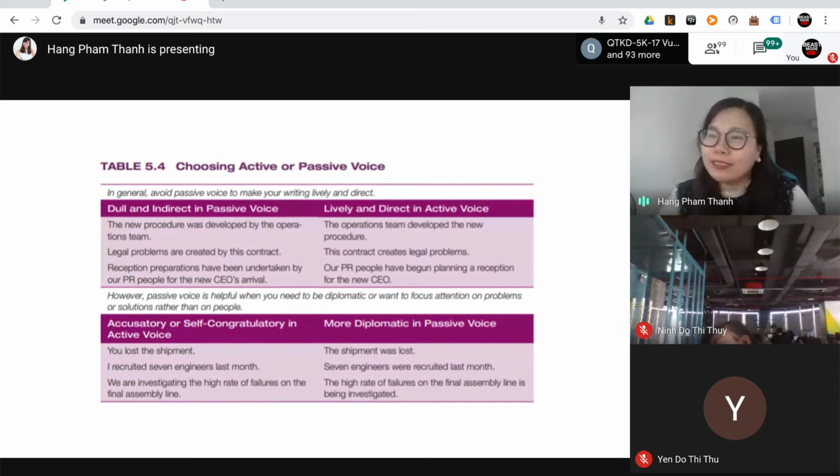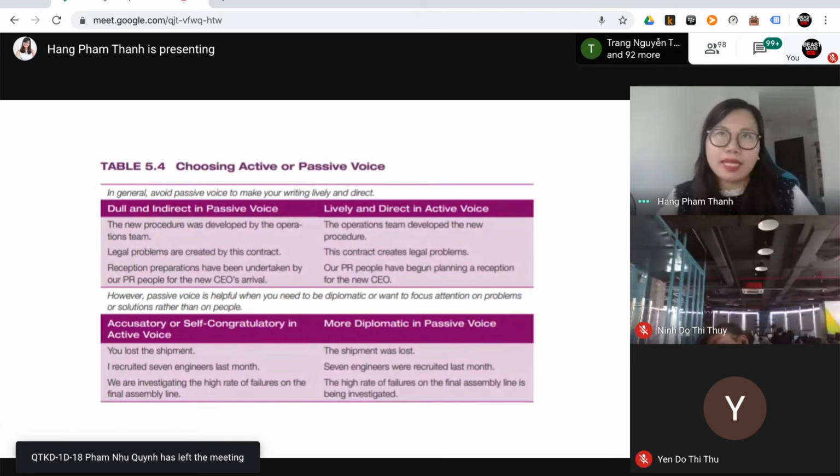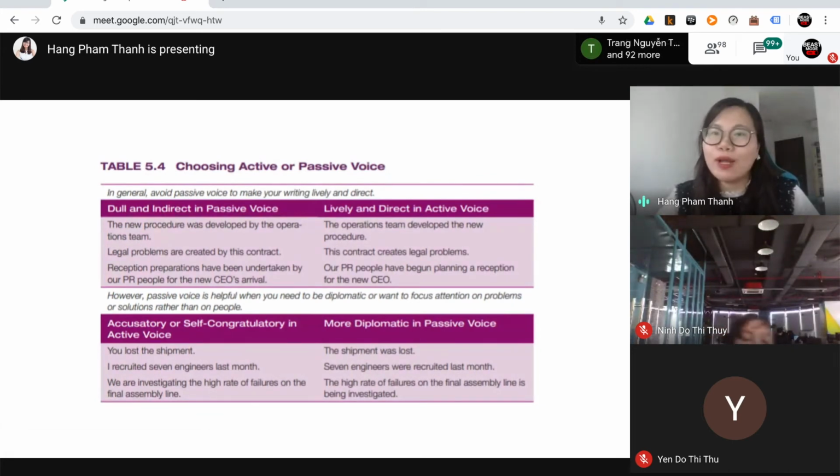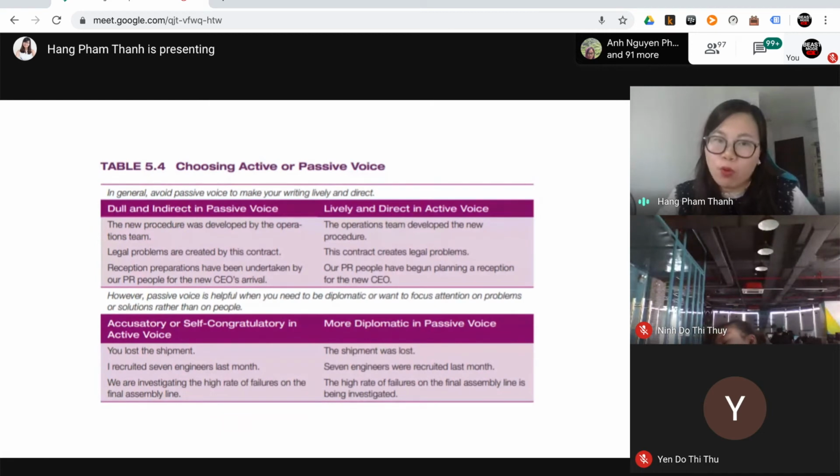For example, your partner has caused some mistakes or errors that are unacceptable, but you don't want to blame them. You still want to keep the relationship. Then you may use the passive voice. Or when you want to focus the attention on the problems or solutions rather than on people.